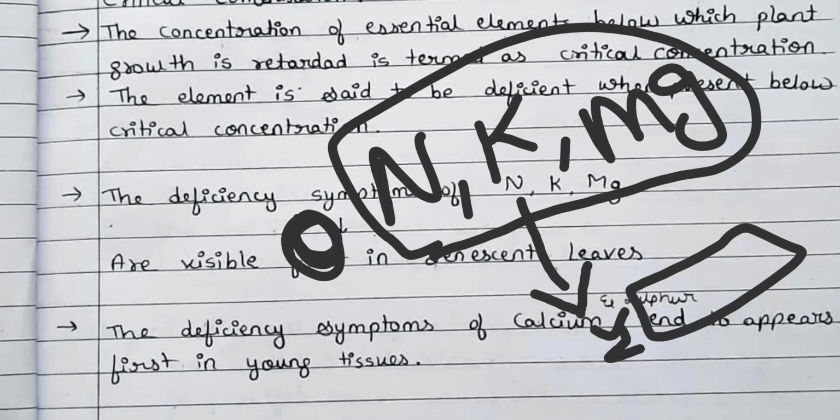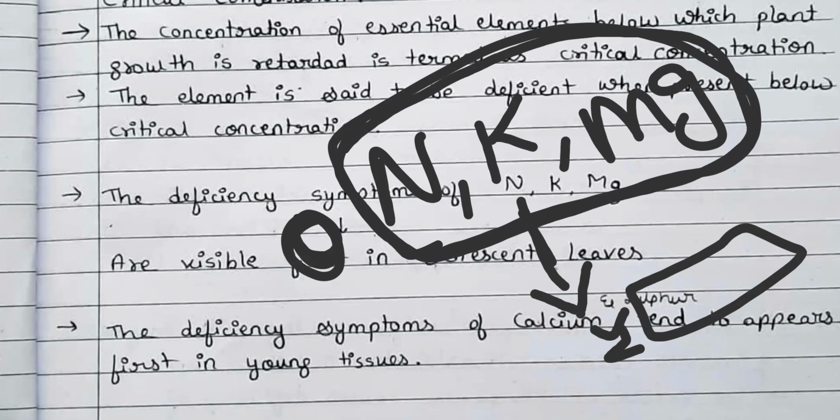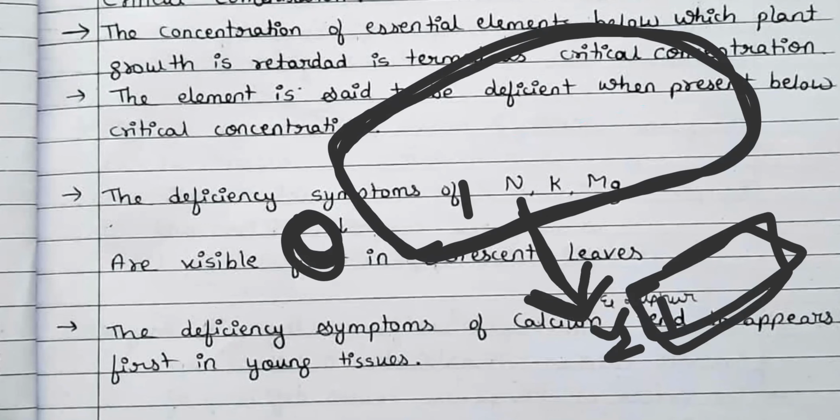If one of the parts is undergoing senescence, once the aging starts, these elements undergo mobilization and come to the younger one. They have come to the younger one now, right?